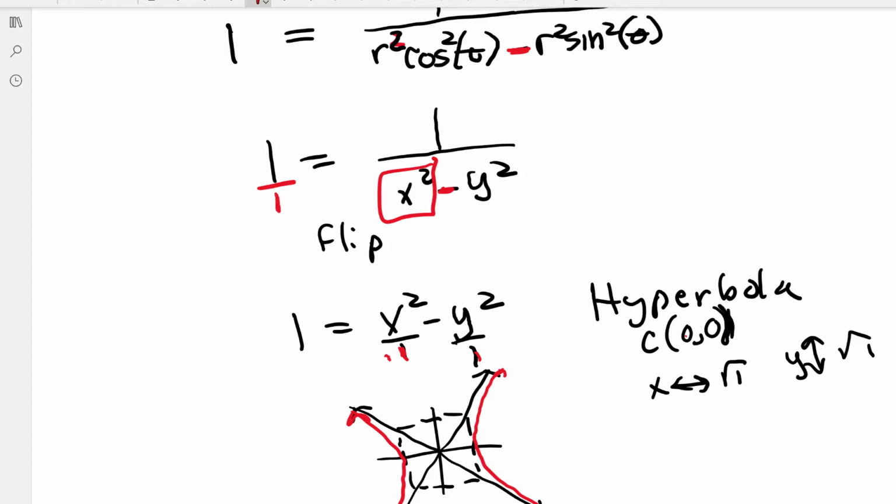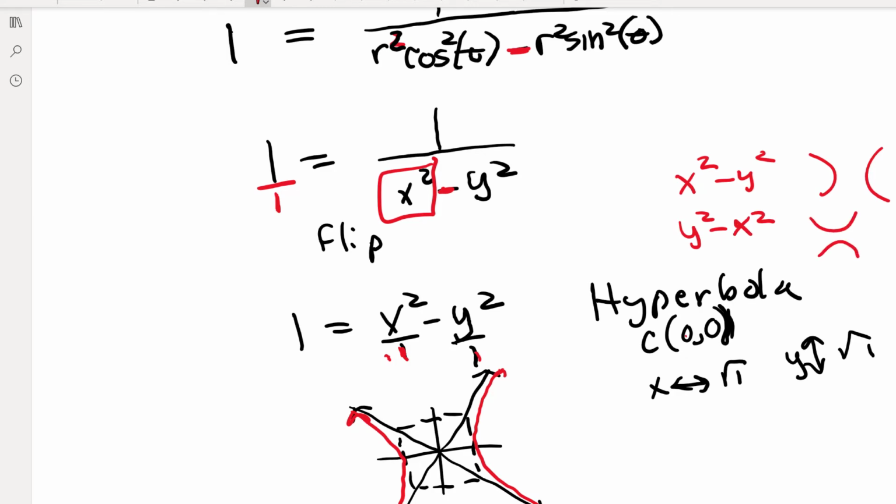And because the x is positive, for a hyperbola, when the x is positive, the graph opens to the left and right towards the x-axis. If it would have been y squared minus x squared, it would open towards the y-axis.